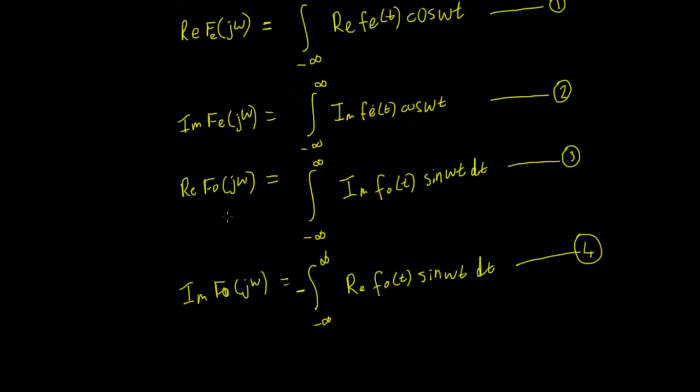So we end up with these two equations, where we can say that if you've got an imaginary odd function of time, when you do the Fourier transform of it, you get a real odd part. And again, if you had a real odd function of time, when you did the Fourier transform, you'd end up with an imaginary odd part. Okay, so these are the only two awkward ones. They're swapped round about. Just have another look at that to convince yourself if needs be.